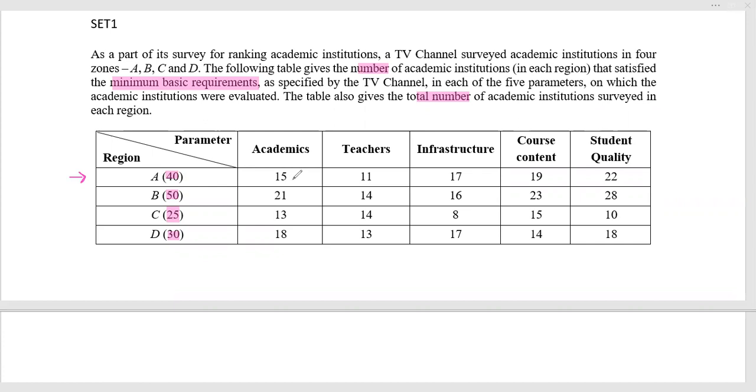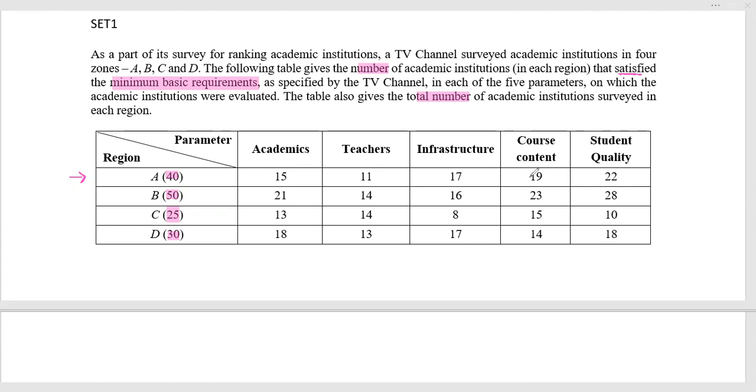Out of that, 15 institutions satisfy the criteria of academics, the minimum basic requirement. Out of 40, 11 satisfy the teachers' minimum basic requirement. Similarly, these are all data, but how they are divided, we need to understand only logically.